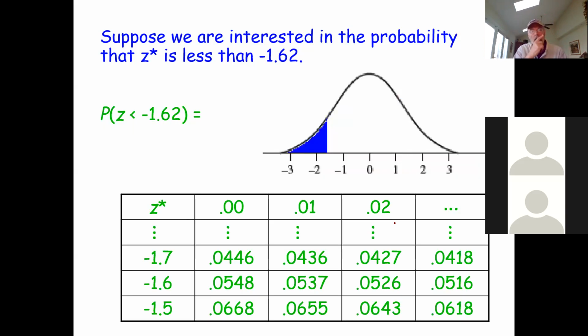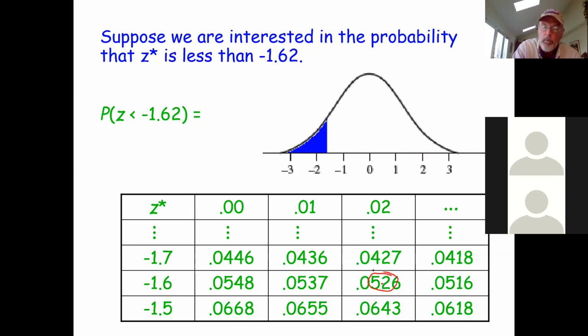So here is negative 1.6 on the column, and then we go over the row, negative 1.62, and we're thinking about this value right here.